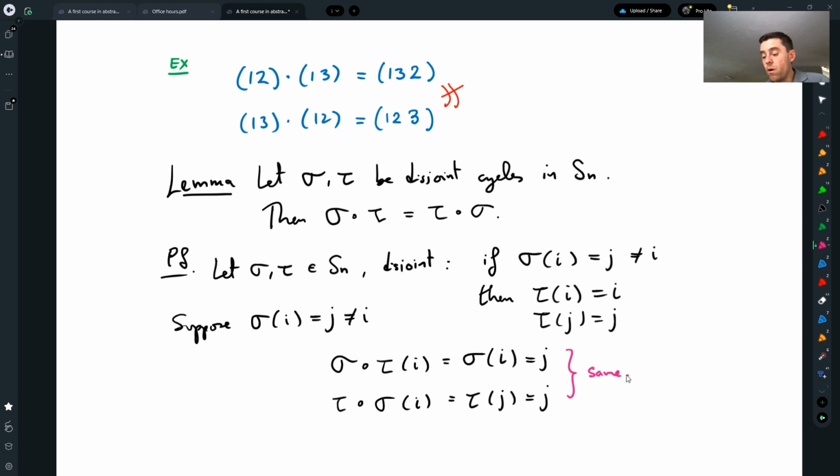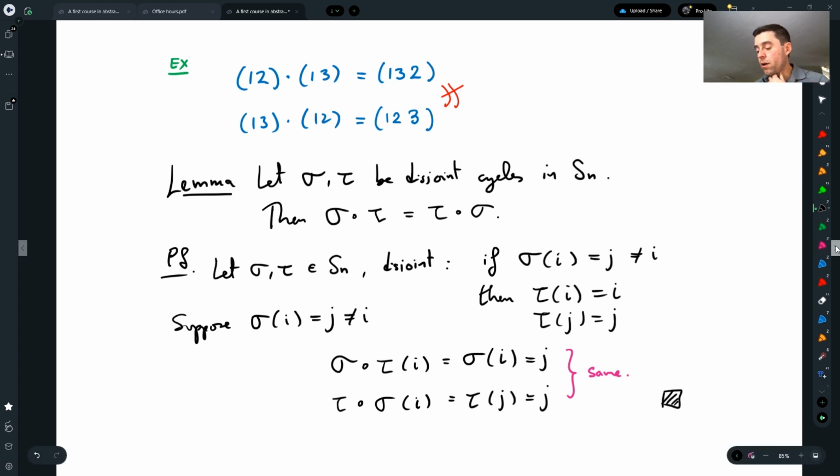Similarly, if tau permutes k, we send it to some r, then sigma cannot do anything to k or r, and the same behavior happens, so they are going to be the same. So you actually get that those two commute.